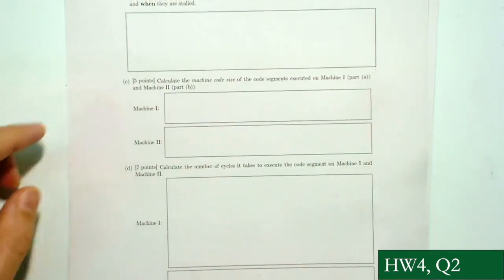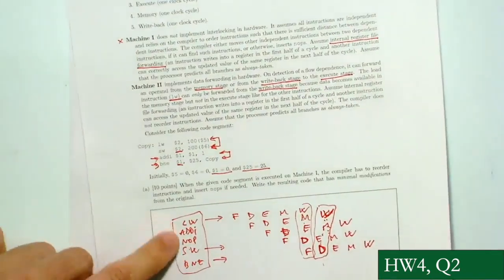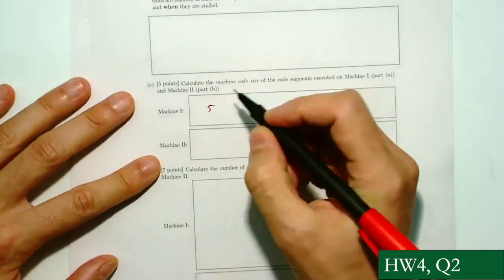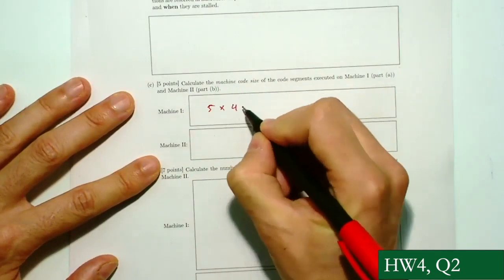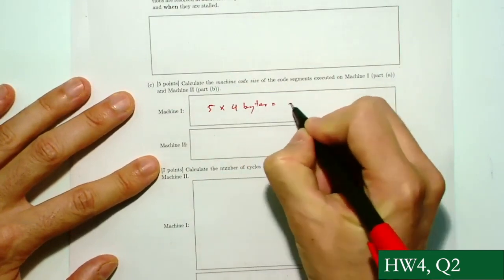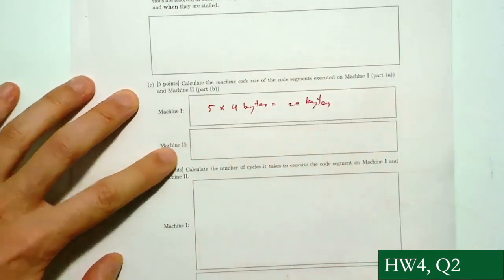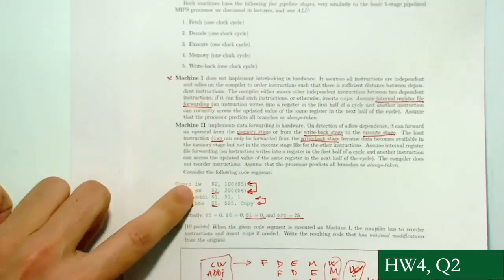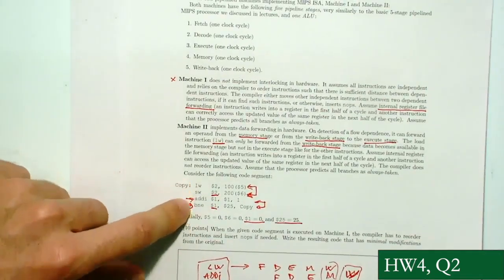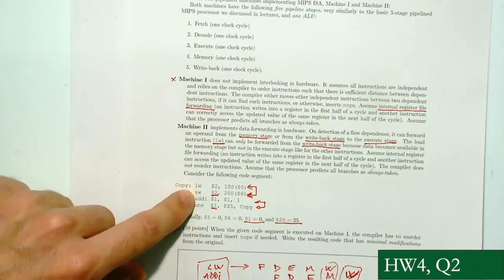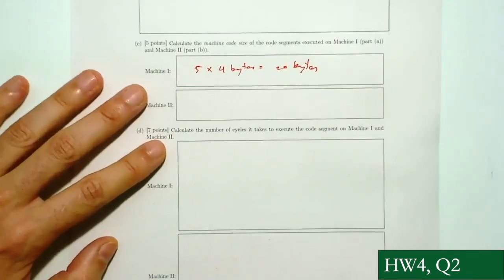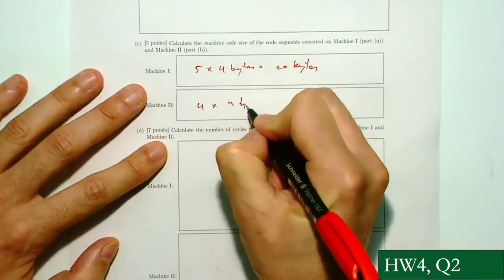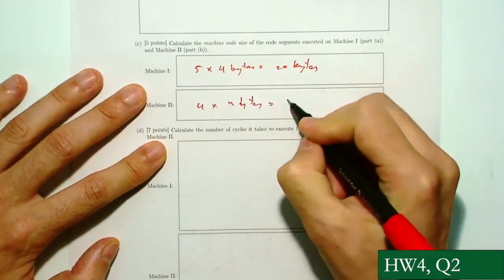In machine 1, we have 5 instructions, and each instruction is 32 bits, or 4 bytes. So we have 20 bytes. And in machine 2, the compiler doesn't insert anything, so we solve the dependencies in hardware. So we have 4 instructions, 4 by 4 bytes. That is 16 bytes.